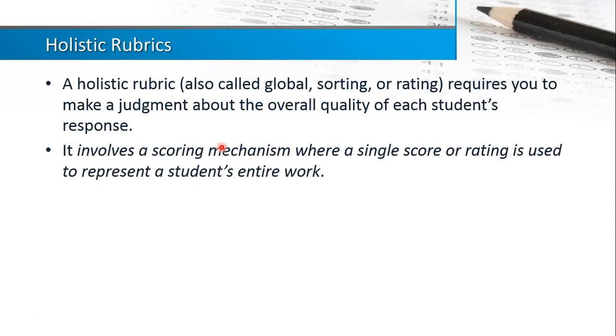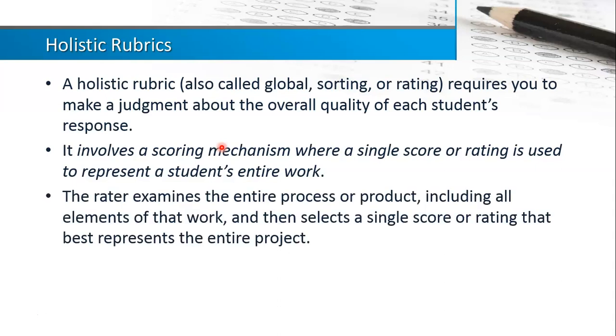It usually involves a scoring mechanism where a single score or rating is used to represent the student's entire work. It is holistic because we give a score to the entire work, so every score is very general, but it is holistic to the student's work.